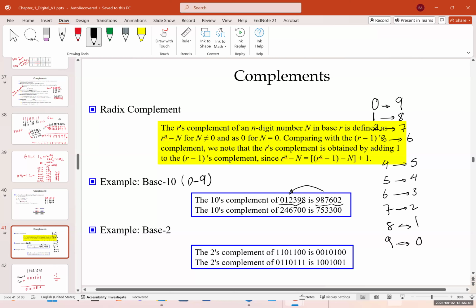Now, I have this number 012398. I want to find the diminished radix complement, meaning the 9's complement.